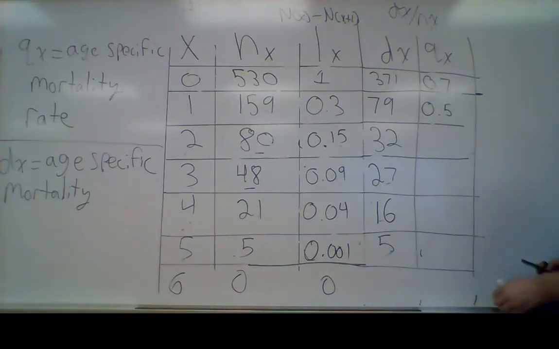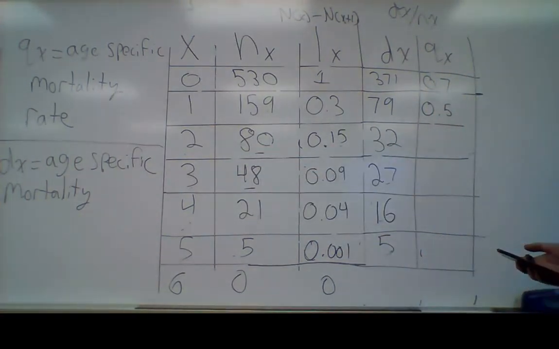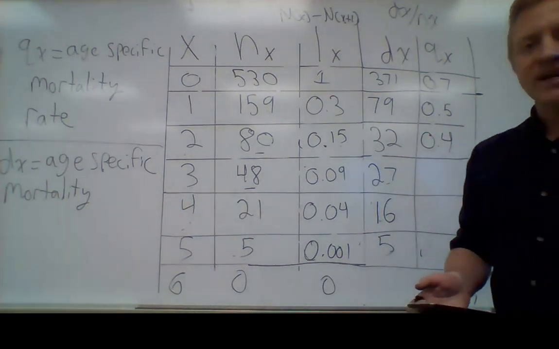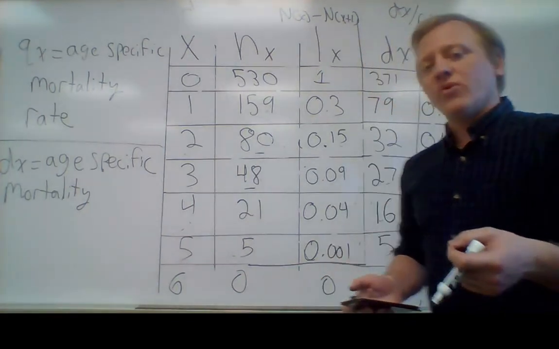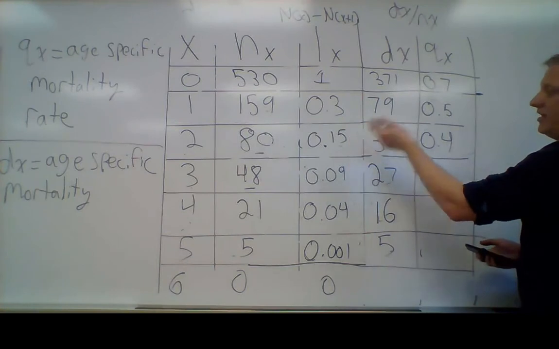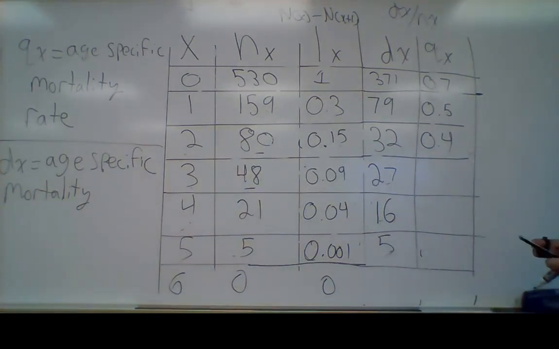Let's continue on. How many died in generation 2? It was 32. How many did we start with? That was 80. 32 divided by 80 gets us a 40% age-specific mortality rate. 40% of the organisms that were alive died between generation 1 and generation 2. Let's continue on.